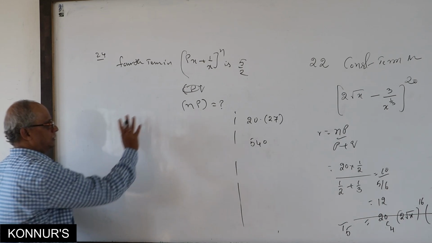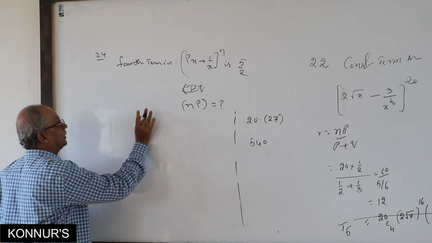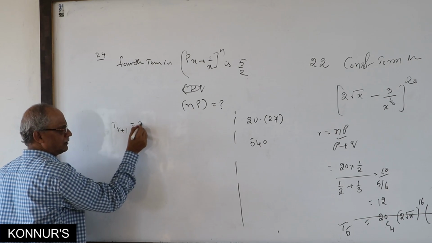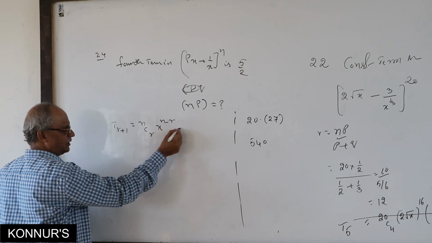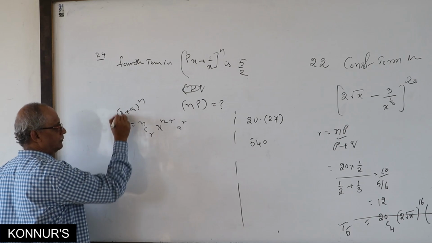I will show you easy method, means in the sense direct method only. First method only I will do for you. Easy to understand. Consider general term. What is general term formula? NCR x power n minus r a power r in x plus a power n.